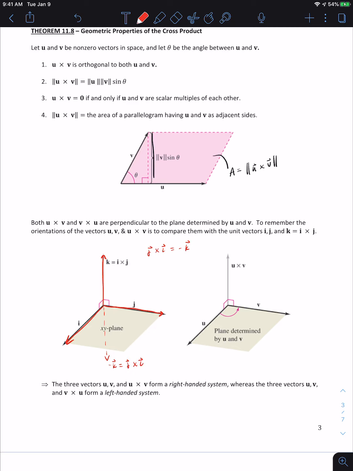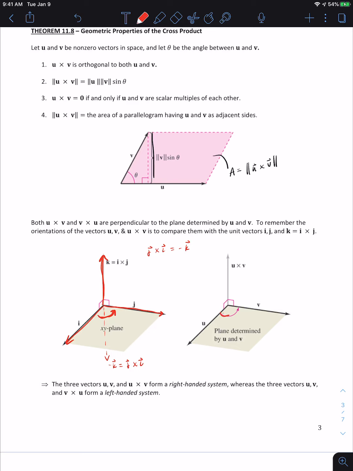So that's how you know whether your cross product vector points up or down, because we know that it's perpendicular, so it needs to point either up or down. And the way we know is by what's called the right hand rule. Because when I said i was the first vector and then cross producted it with j, that's like moving to the right, and so that means that my cross product is going to point upward.